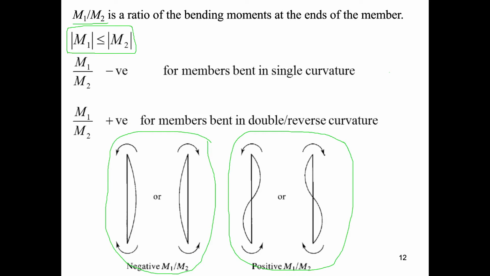One, members bent in single curvature are more critical than members bent in double curvature. Why? Because single curvature produces higher bending moment than double curvature. Two, if the bending moments at the ends of the member are equal and the member is bent in single curvature, the value of Cm is 1.